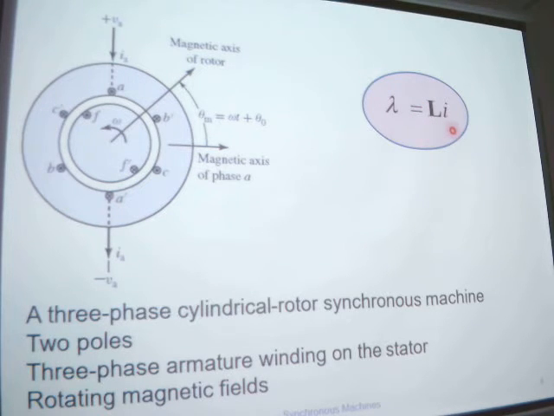We learned this equation in chapter 1. This equation is the basis for understanding the equivalent circuit of the synchronous machine. If you don't know the meaning of this equation, you can find it in chapter 1 in the textbook.